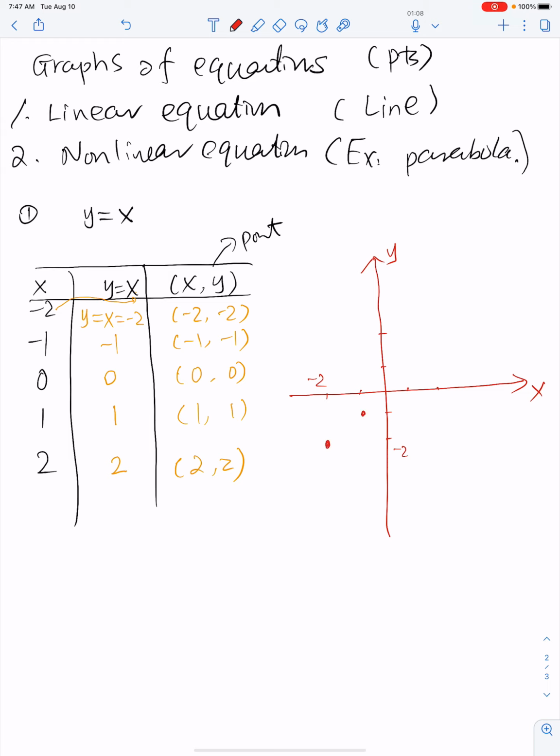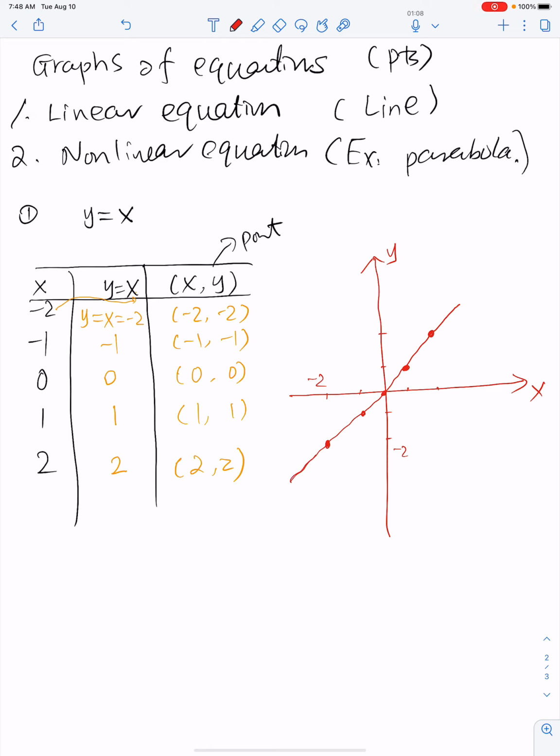Then -1, -1, 0, 1, 1, and here is 2, 2. Yeah, and then how could you graph? Make a smooth curve, connect all the points together.